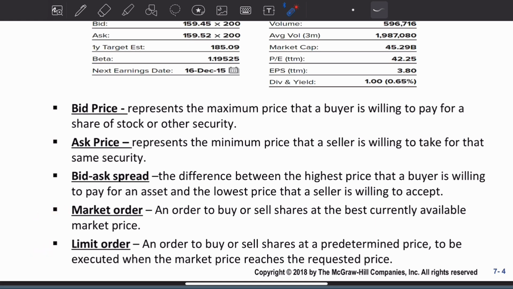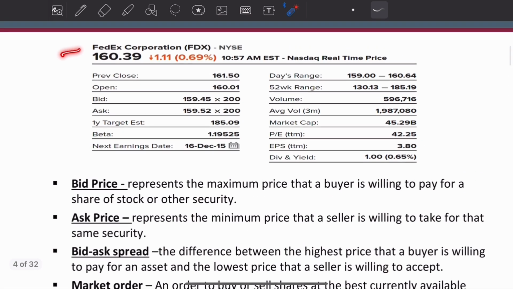Now, market orders are orders to buy or sell shares at the best currently available market price. So when you enter your broker's account and you want to buy, let's say, FedEx stock, you would be given a choice between having a market order or a limit order.